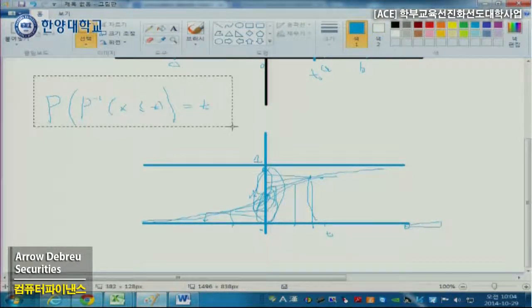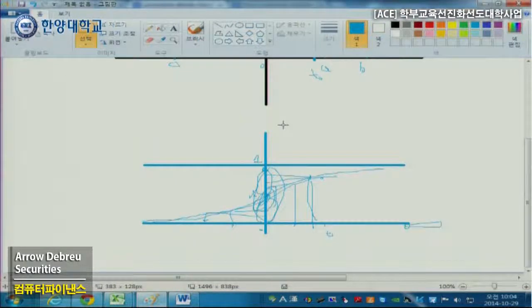This is actually a very general result. Let's think about the cumulative distribution function. Say the probability that a random variable X is less than or equal to t is defined as F(t).